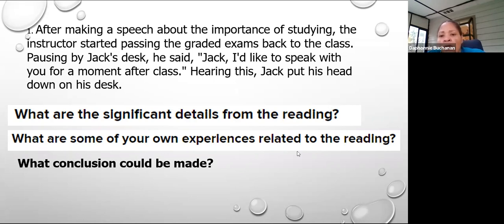Jack didn't do well. It's usually not good when the teacher wants to talk to you. Well, my goodness, sometimes I want to talk to my students and it's not bad. It's usually not good. By failing a test, by not studying, having to await results of the test you've taken. Okay.